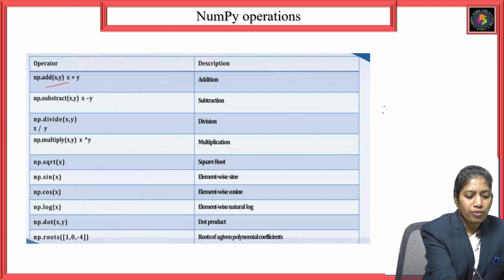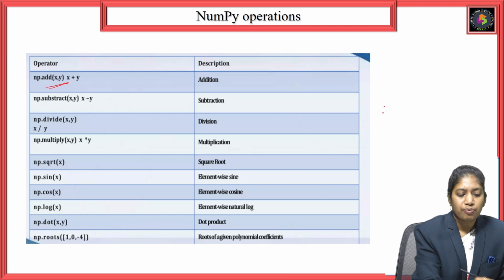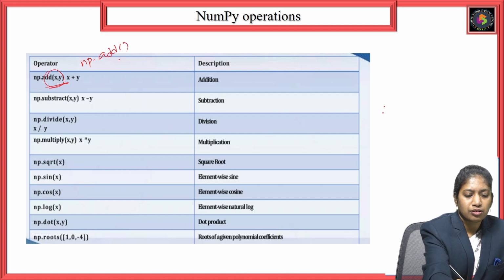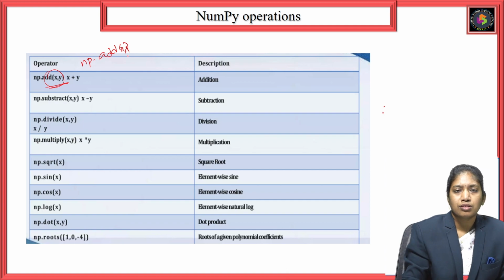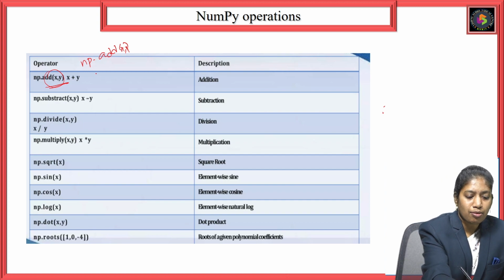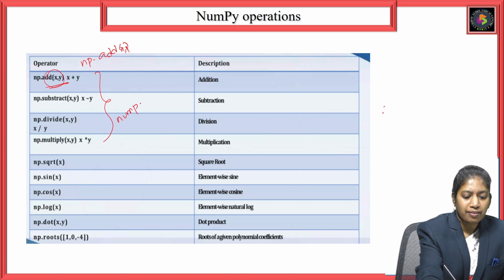So these are some of the NumPy operations. add(x, y) is used for addition. To call it, I need to give numpy.add(x, y), and likewise subtract for subtraction, divide for division, multiply for multiplication.